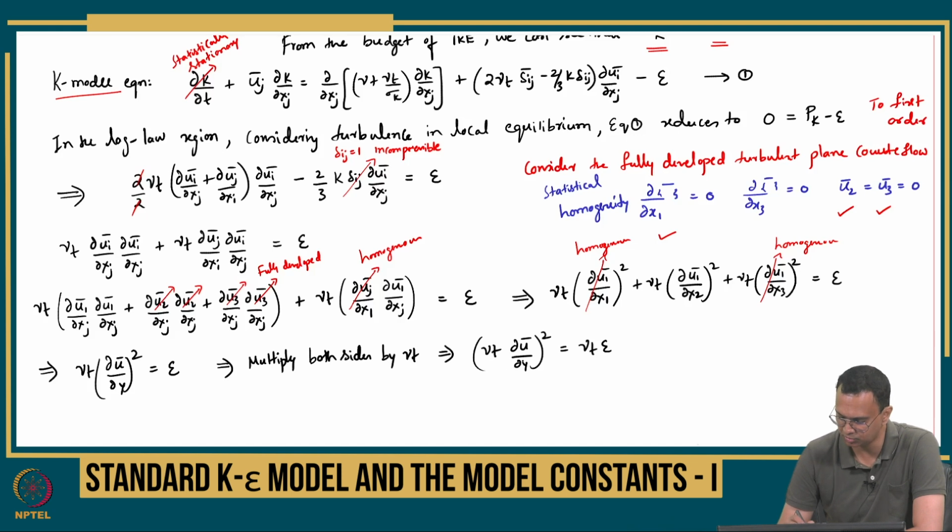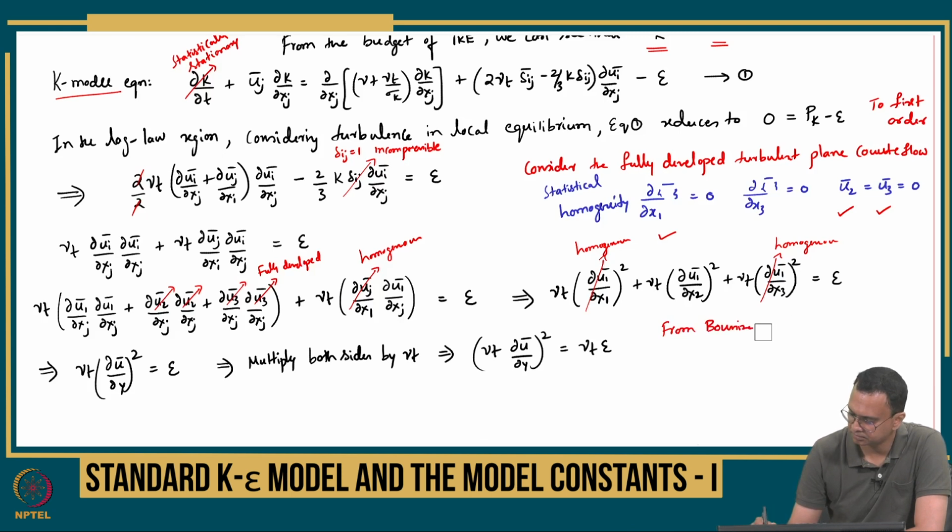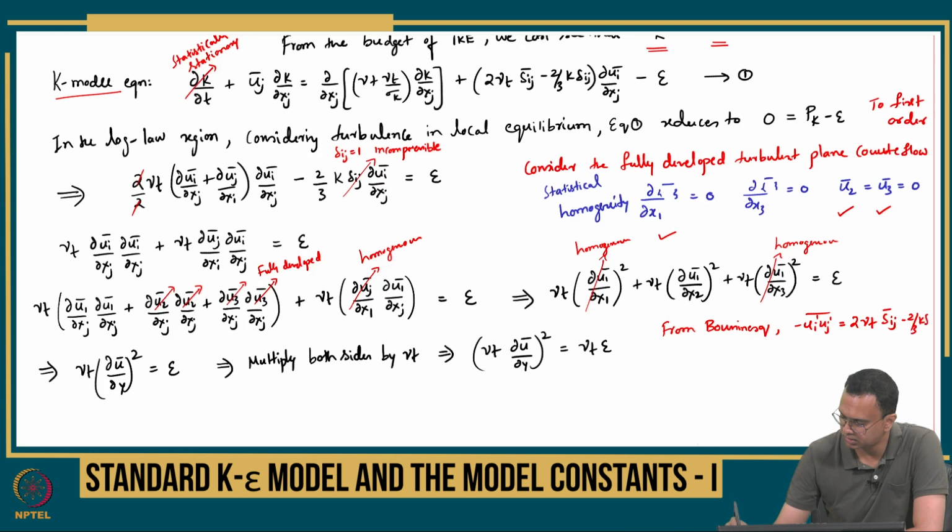From Boussinesq, minus ui prime uj prime is nothing but 2 nu t sij minus 2/3 k delta ij.